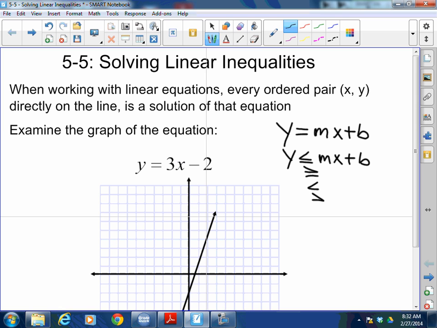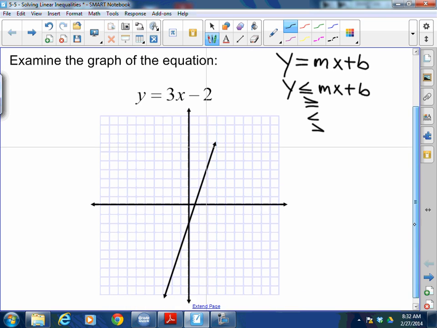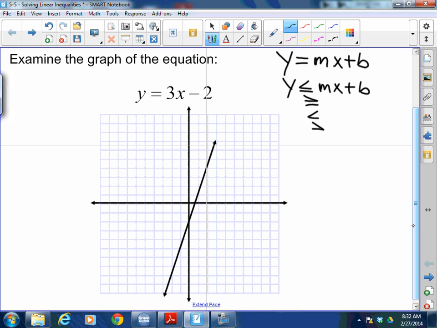When working with linear equations, every single ordered pair directly on the line is a solution of that equation. We've been working with linear equations for a while now. Examine the graph of the equation y equals 3x minus 2.